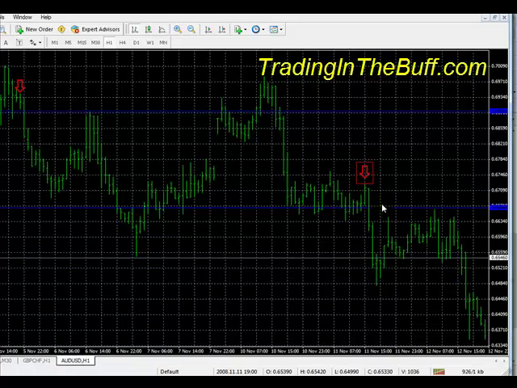Alright, another entry here. This was another one. I just kind of saw it here at the same area, so I figured I'd show this one as well. Another sell. 1, 2, 3. Alright, so you have a low of bar number 1 sitting at 66.74.